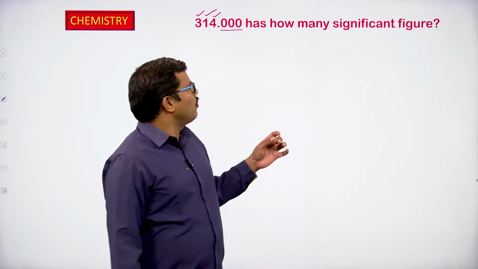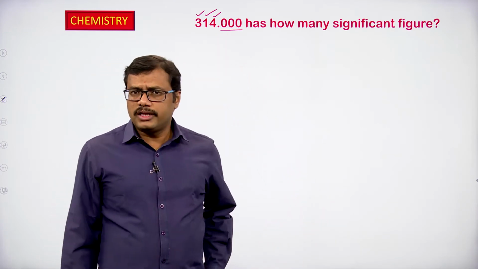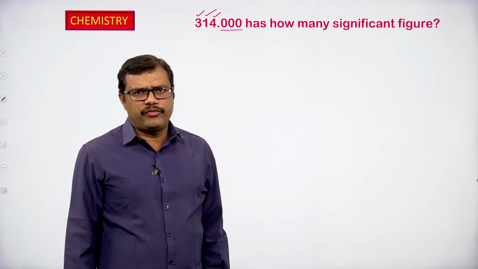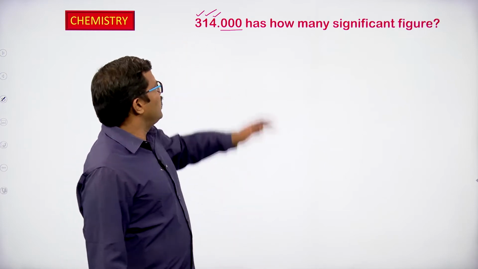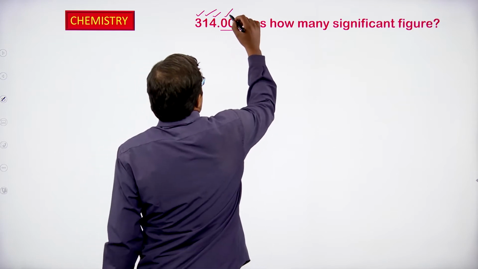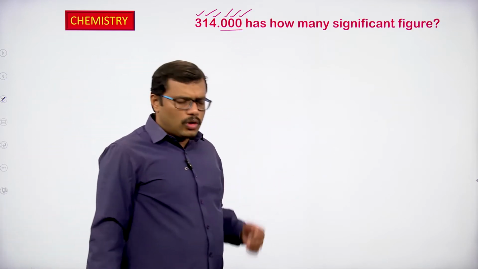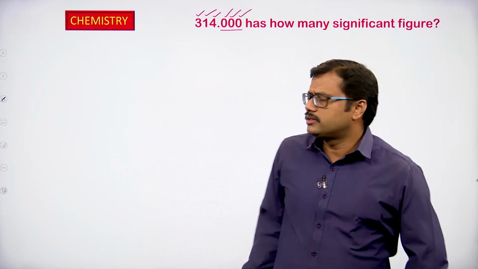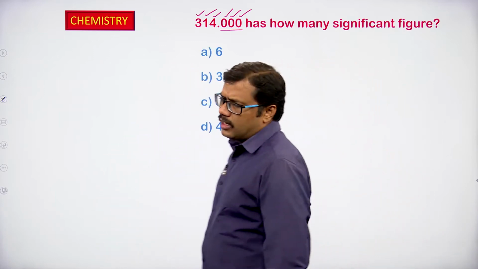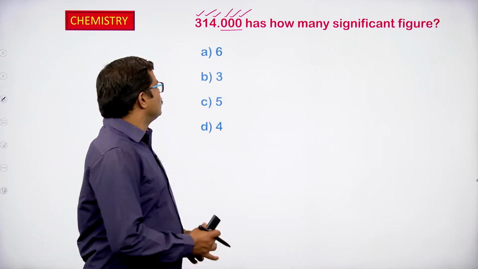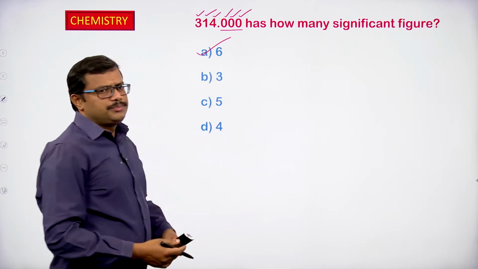Okay. So, we have to consider these 3 zeros also as significant figures. In total, the number of significant figures is 6 in this particular case. So, 6 is the correct answer.